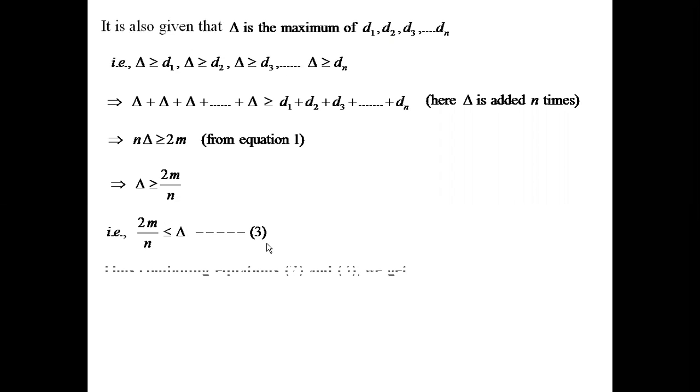Now we are clubbing equations 2 and 3. So combining them, we obtain the required result. Small delta is less than or equal to 2m by n, which is less than or equal to big delta. That's the required answer for us.